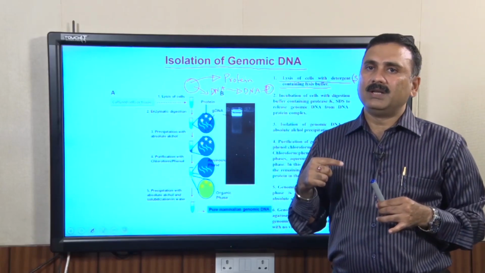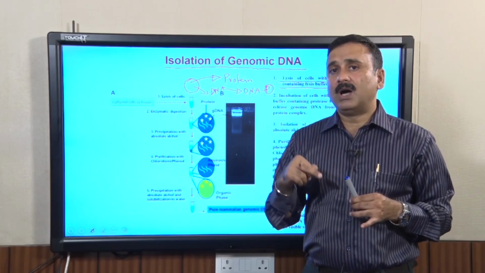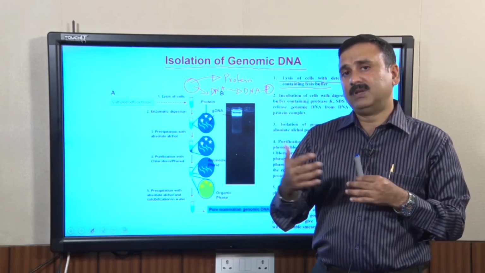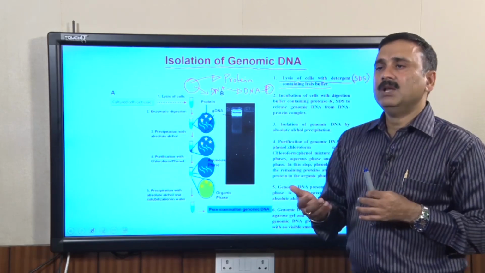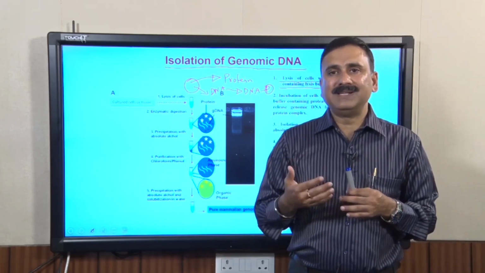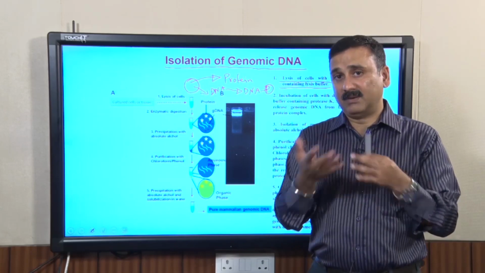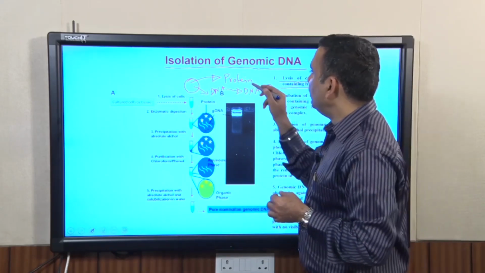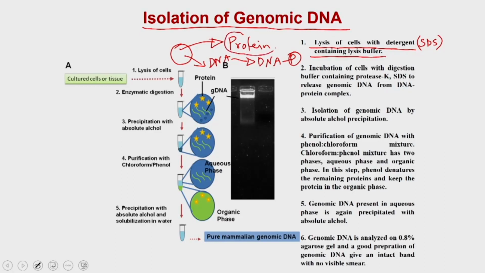You are also going to get protein, DNA in complex with protein, and lipids, carbohydrates and other biomolecules. So the first task would be to remove the protein, which is either present alone or present along with the DNA.